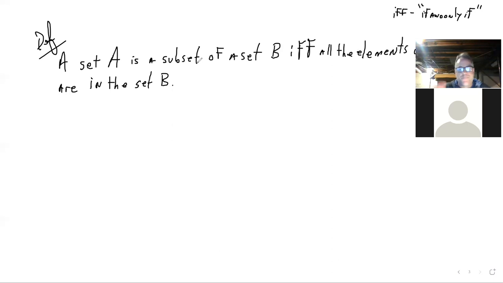So the door swings both ways. It's what we call two if-then statements. If this, then this, but I can also say if this, then this.